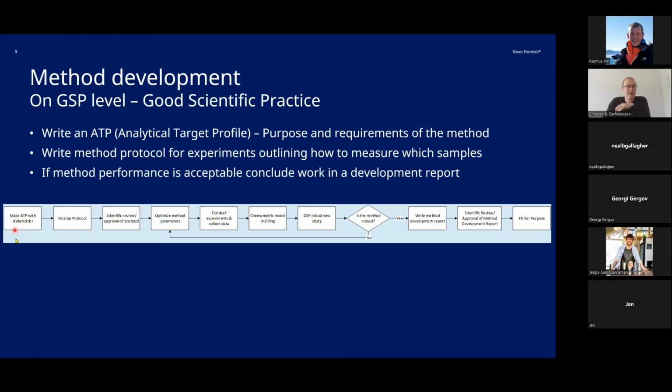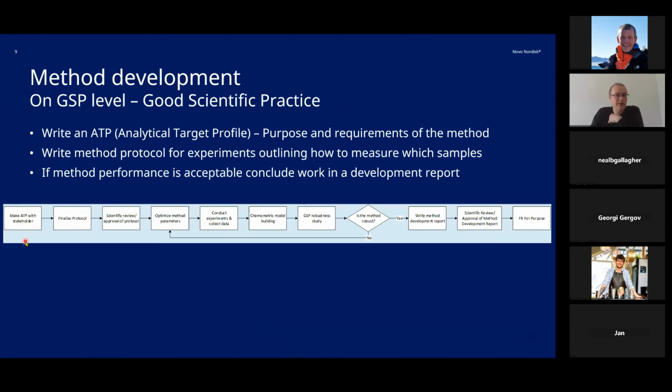So we should make an analytical target profile with the stakeholder and write an experimental method protocol, and then get somebody to review and approve that. So the stakeholders should review how we are going to measure our samples, and then we start, following the protocol, measuring the samples on the instrument, and likely we need to optimize the method and instrumental parameters.